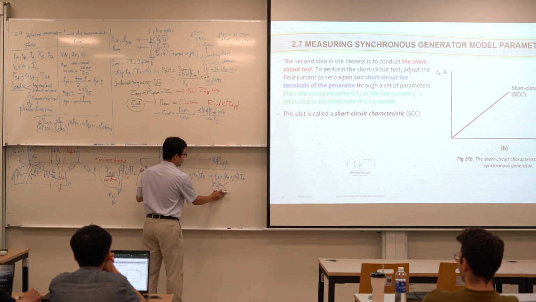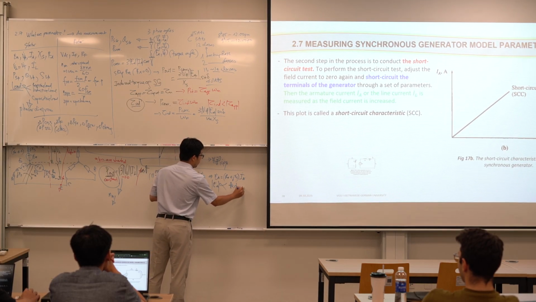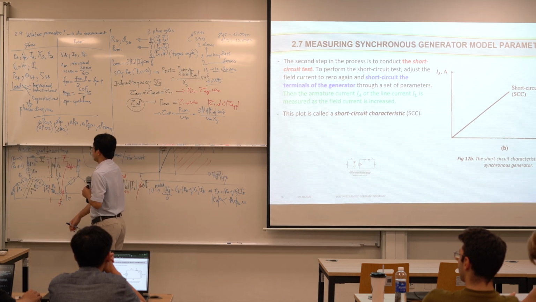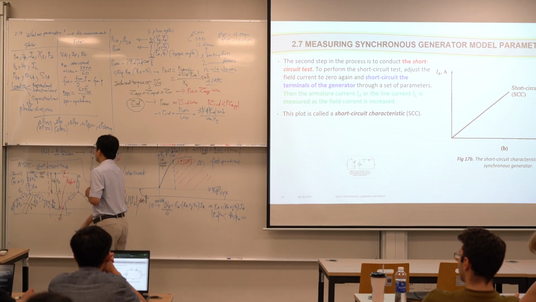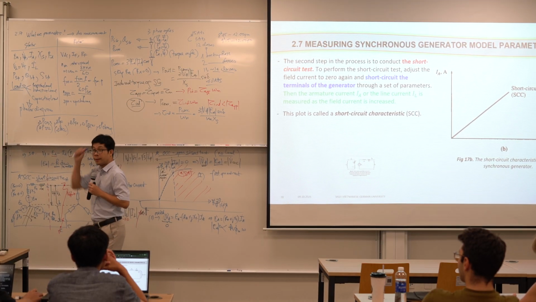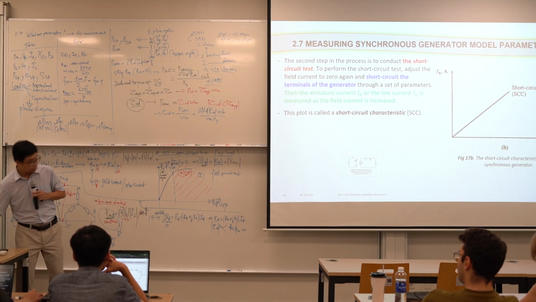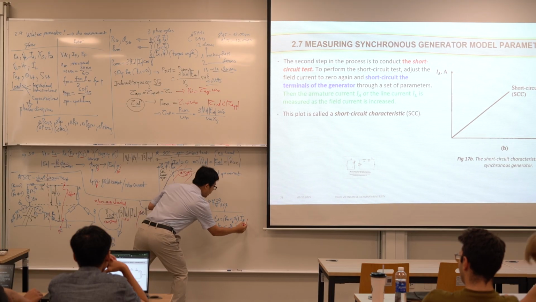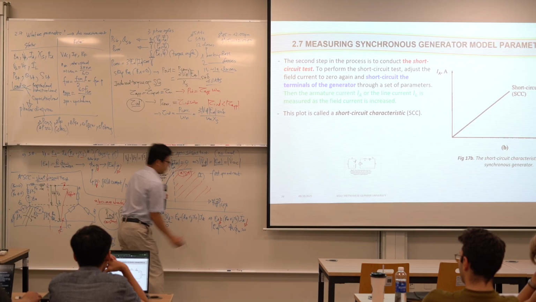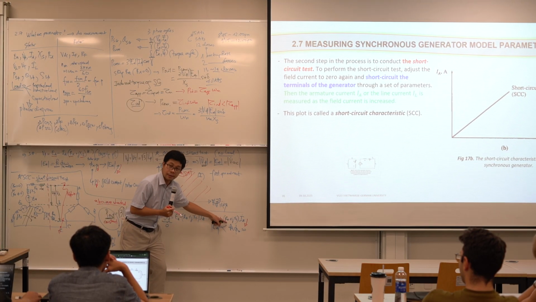IA is directly proportional to K phi m omega, as we discussed before. So if we would like to reduce IA, we need to reduce EA because this term is constant.